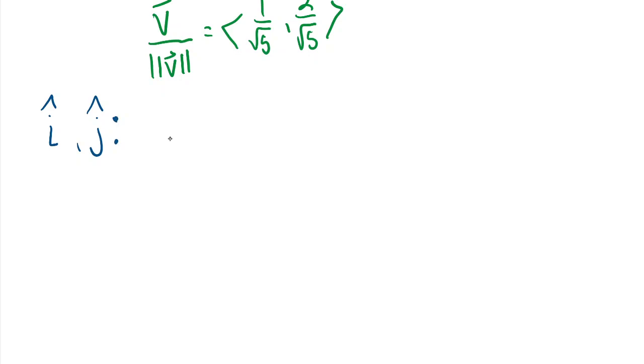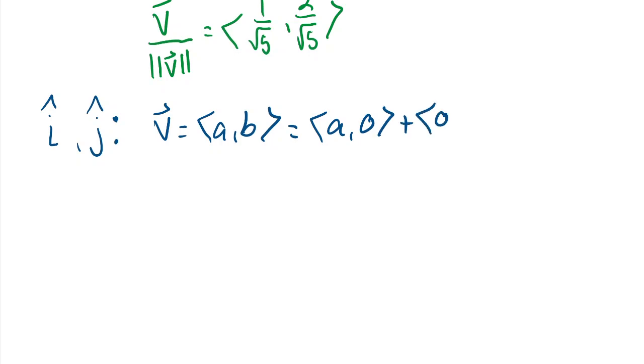So let's take some vector v, which is equal to (a, b). Okay, so now using what we know about addition and scalar multiplication, what we can see here is that this is equal to (a, 0) plus (0, b), right? We can break up the two components over addition.